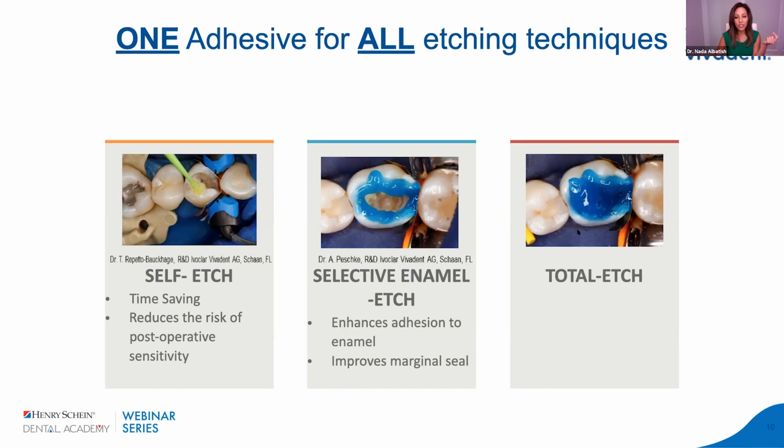Or you can use the total etch technique, which is what we really learned in school. You just etch everything at the same time, 15 to 20 seconds, and you're good to go. And each of these, of course, has a different indication. I'm going to take a second to talk to you about that right now.